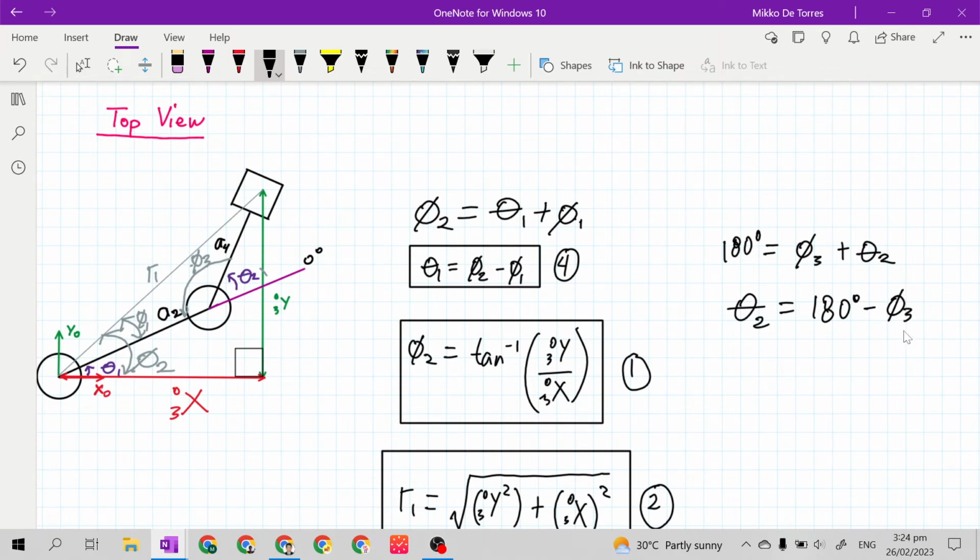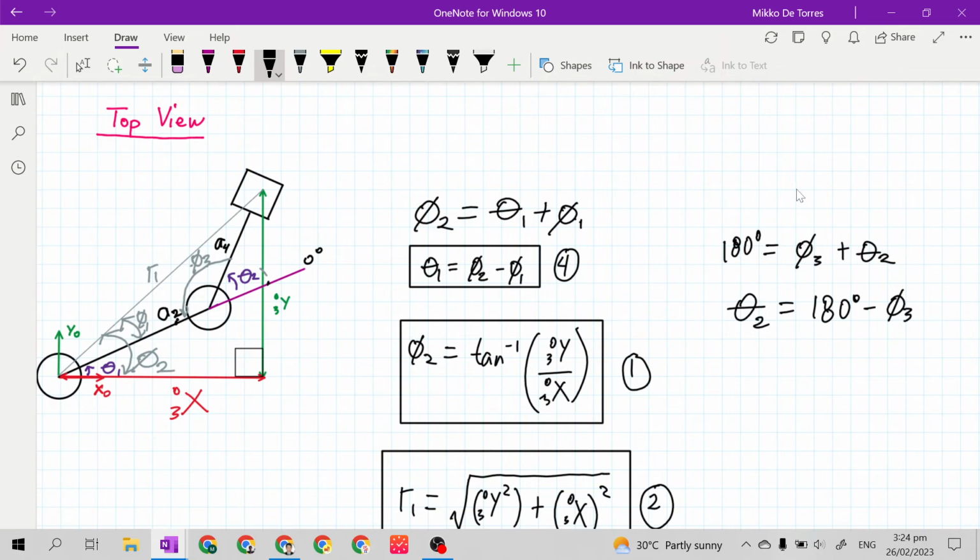Okay? So again, this is a straight line from the base, where theta 2 came from. The other side is another angle which we named as phi 3. From here to here, because this is a straight line, it will create a half of a circle, and half of a circle is 180 degrees.